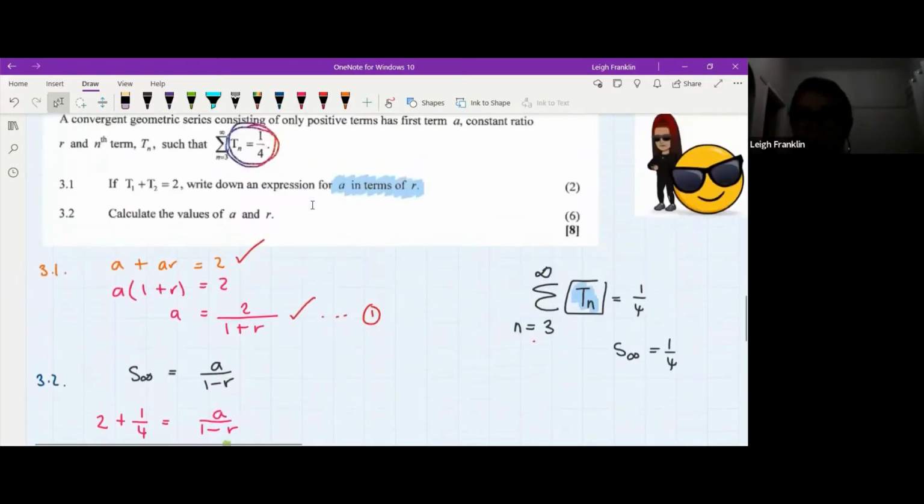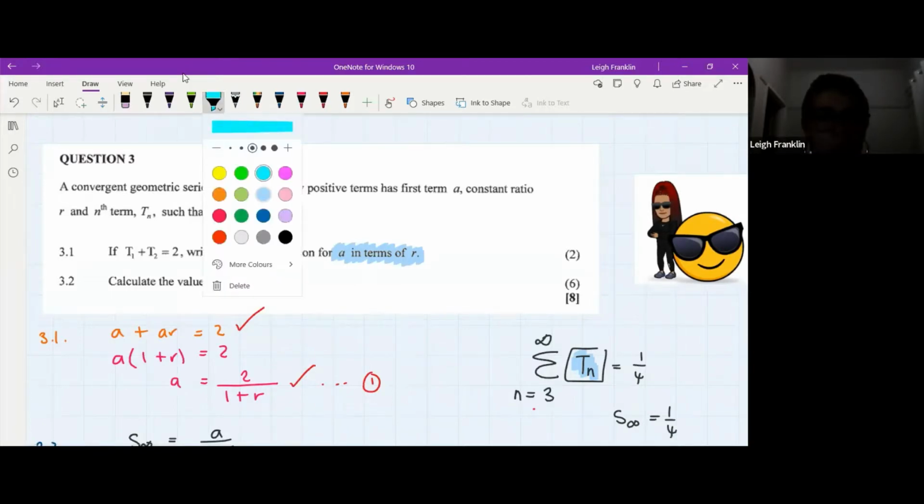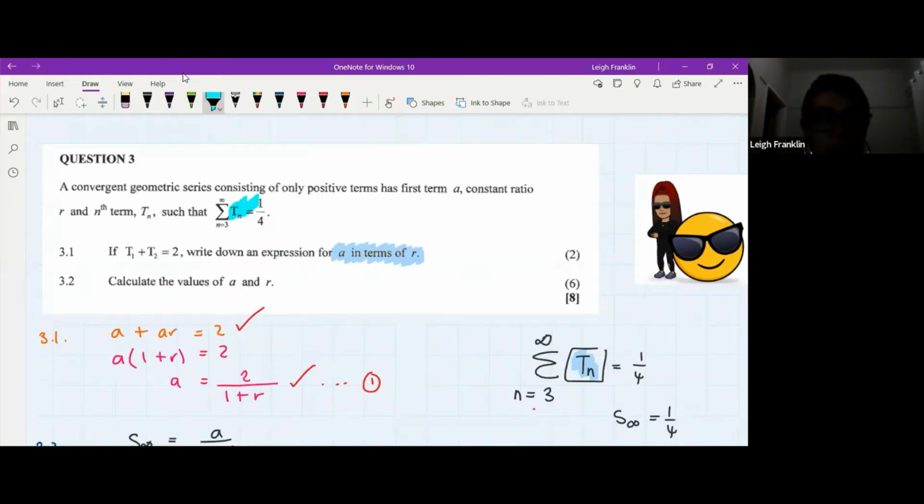All right. I think the problem here is the way in which we first interpreted what this means. They are telling us that the nth term of this particular series, the last term of the pattern, is 1/4. That's the nth term of the pattern.